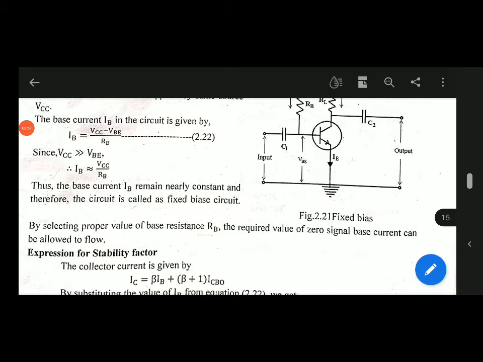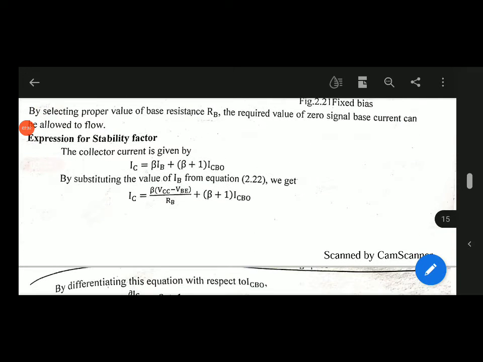Now the expression for stability factor. We know that the collector current is given by IC = beta IB + (beta + 1) ICBO.